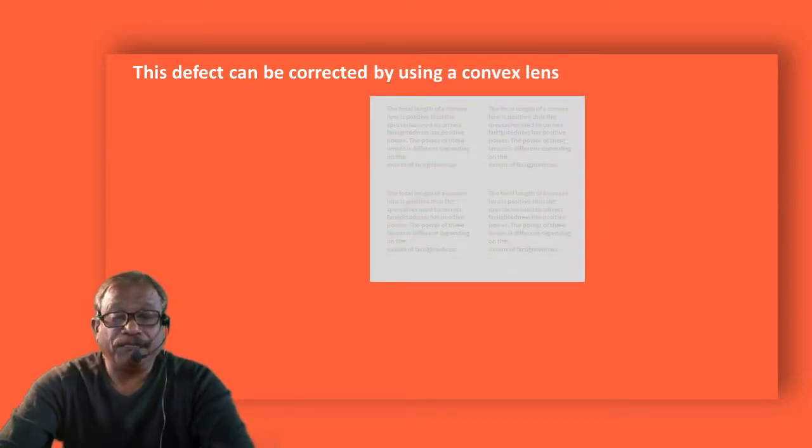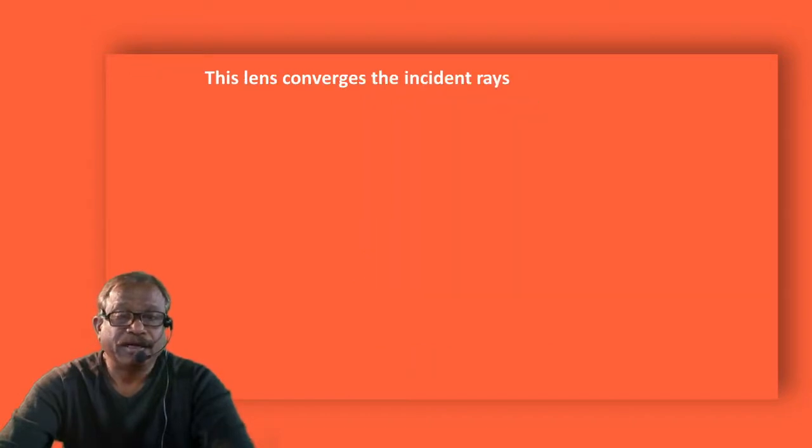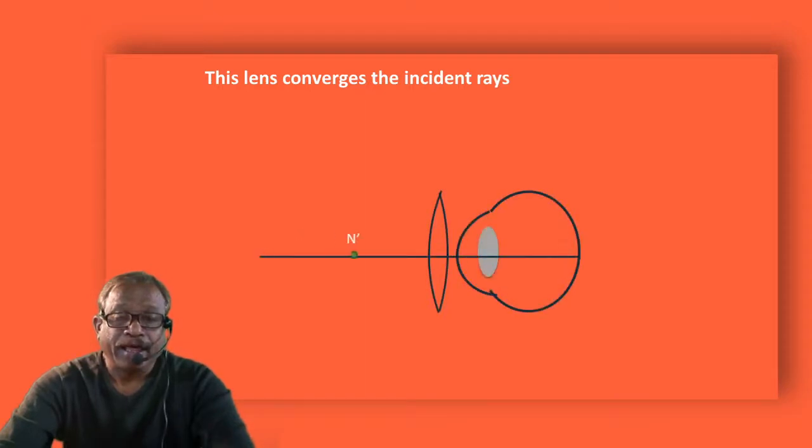If you cannot see the nearer object clearly, what do we do? We use lenses. That is a convex lens with proper focal length. The power of that convex lens changes from person to person. This lens converges the incident ray. What happens in this case?